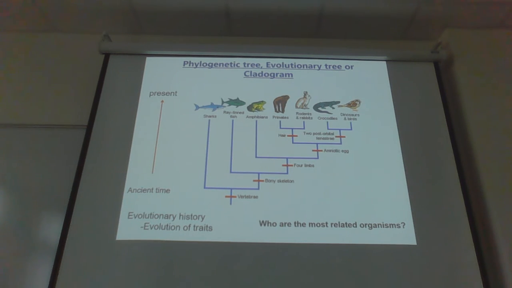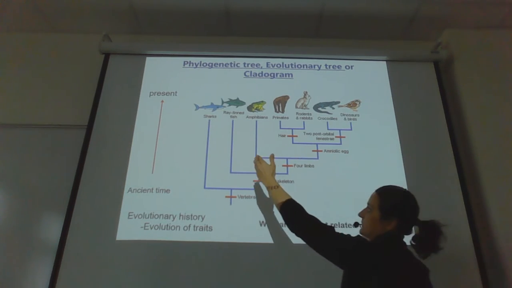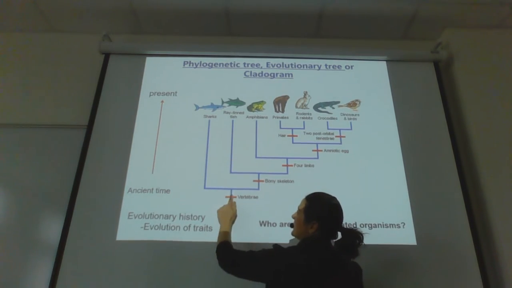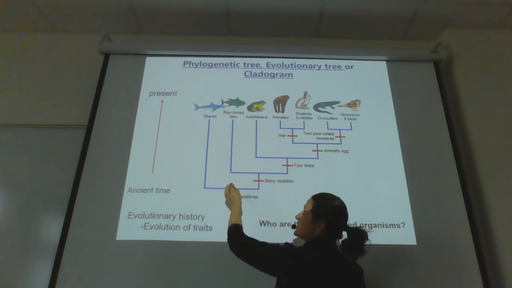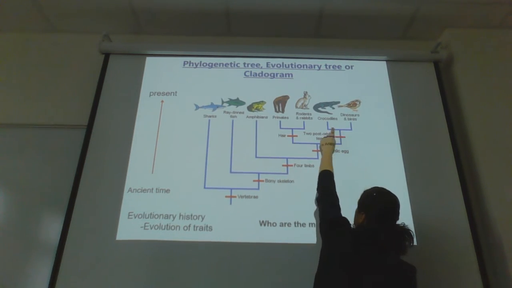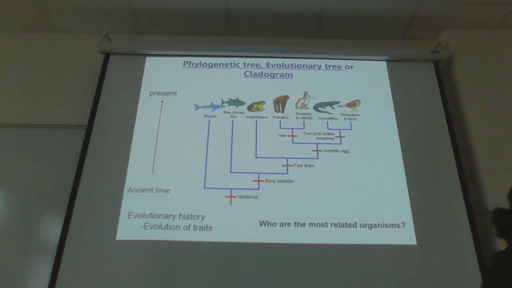Because they have a direct common ancestor. So don't just look at the fact that this is next to this one, but there is no direct common ancestry, whereas there is here and here. So those are the two groups, one, two, and three, four, that are most related.